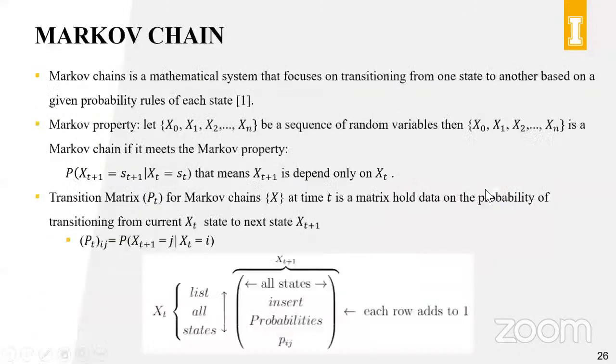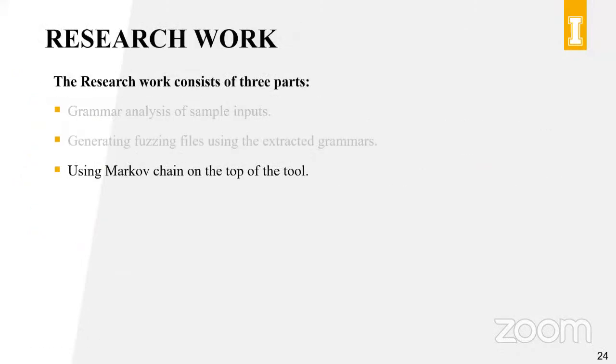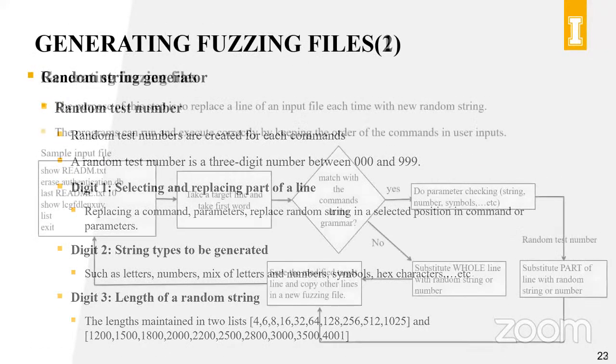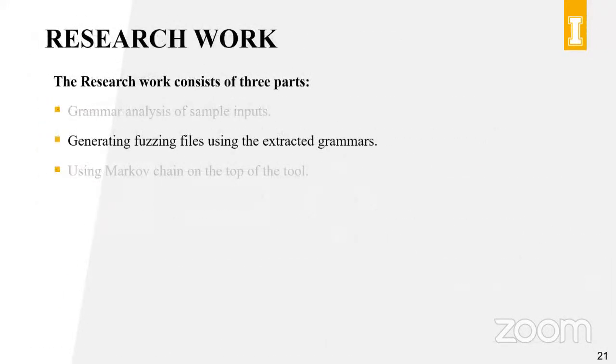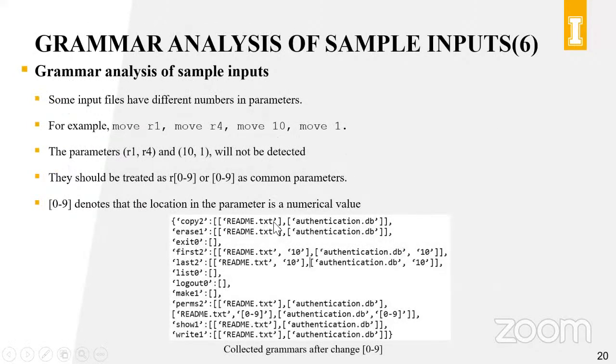The last grammars we have are missing parameters. For example, copy 2 doesn't have a second parameter here and here. And for make one, we don't have a first parameter, so we have to put RS, or random string, as the first parameter for make one.